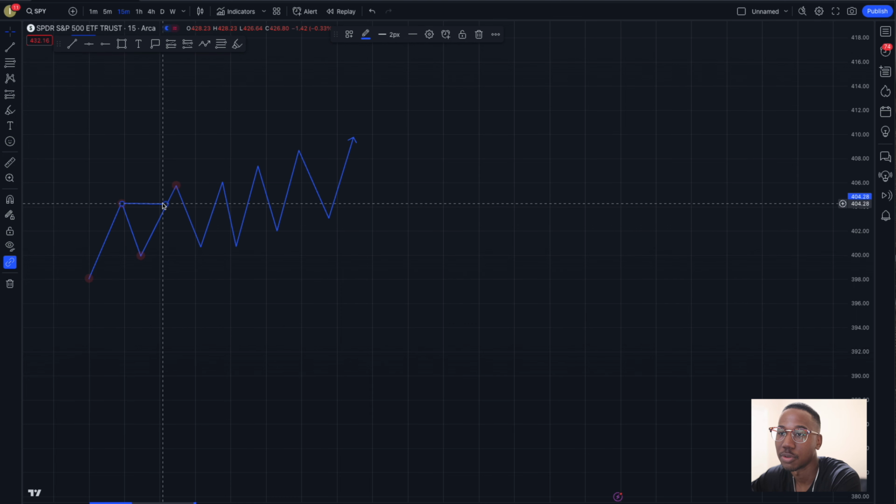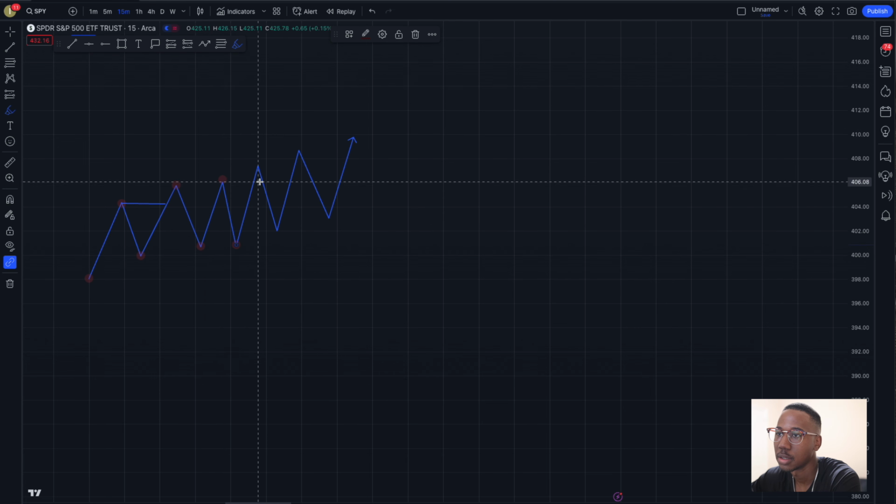So typically after a break of structure, you can expect some kind of pullback because the market does not move in a straight line. So yeah, looking at that, going to highlight all the swing points again. All right, so we have the swing points right here at the highs and the lows and over here.